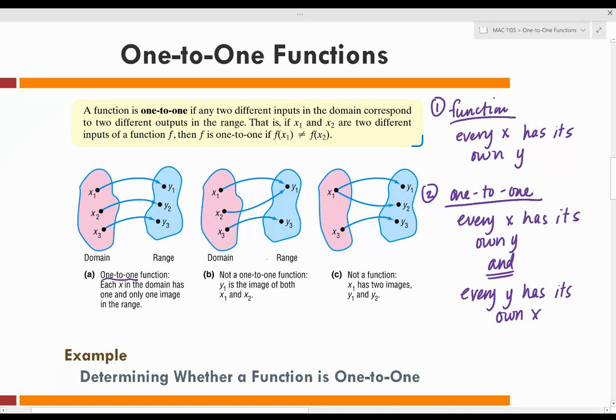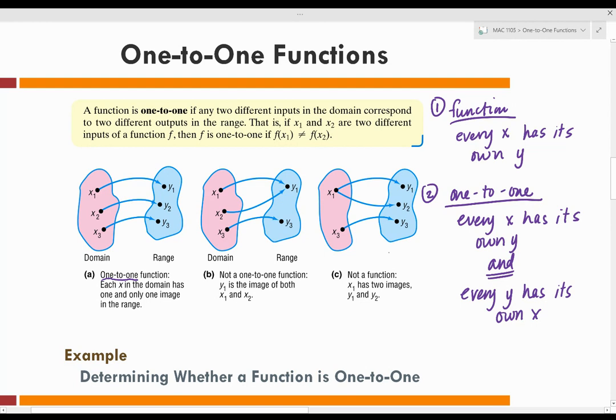The second example is a function, okay, because every x has its own y, but it's not one-to-one because every y doesn't have its own x. So if you look at this y1 here, y1 goes back to x1 and x2. So it fails the conditions for being one-to-one, but it's still a function, okay?